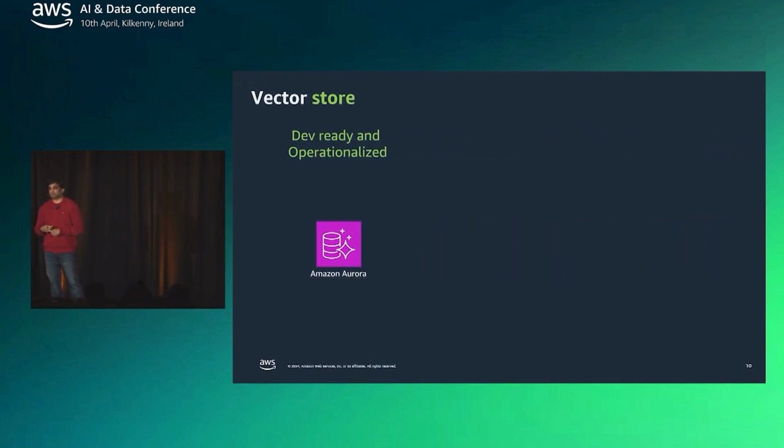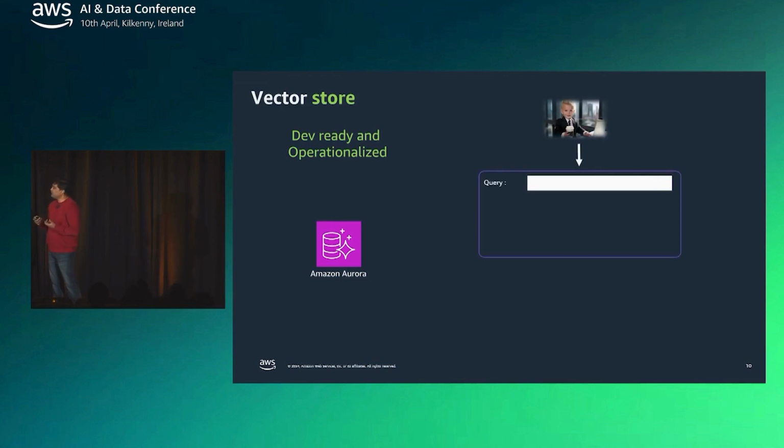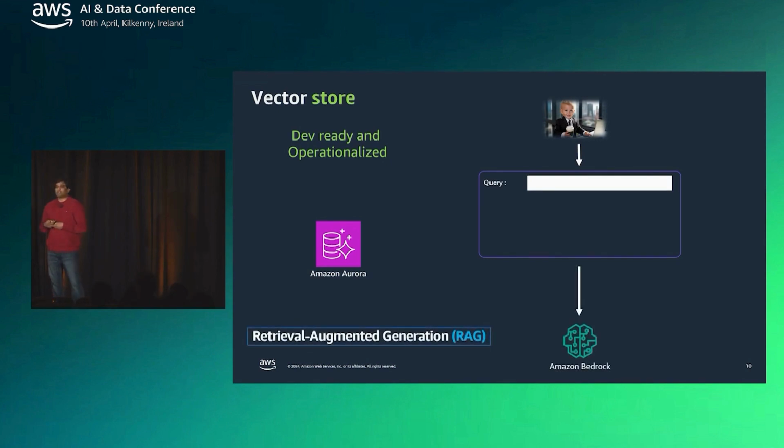So once you have your data into this database, now when you ask the question, do you feel that you will ask the question directly to Bedrock or any large language model? Yes, no? How many of you feel yes, you should ask the question directly? Okay. How many of you feel no is that you should not? Yes.